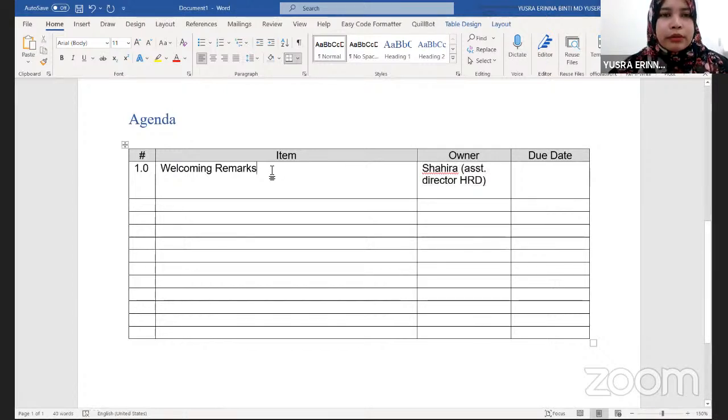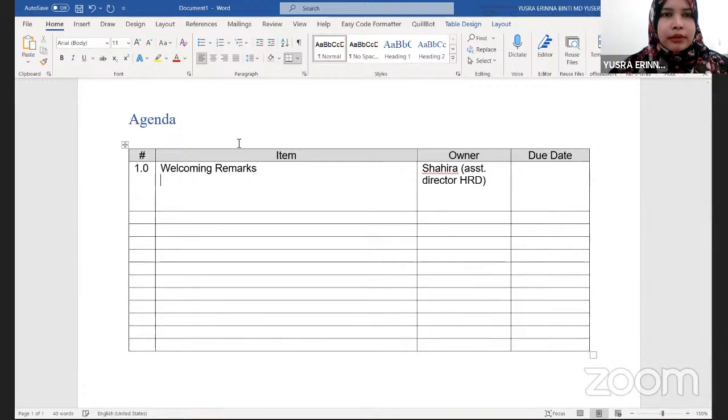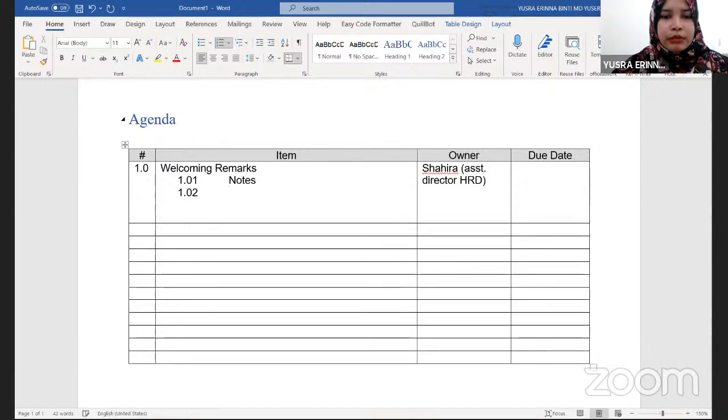Oh, I know. Sorry. We're not using this one. Then this one, 1.0, 2.0. Just masukkan ke dalam. So you put the notes that you want.